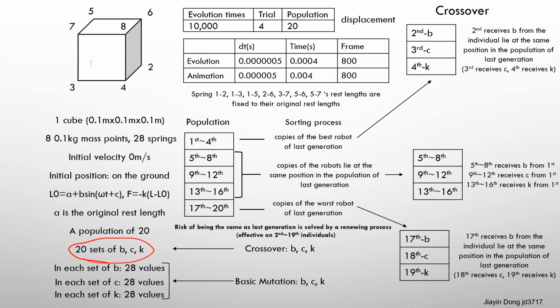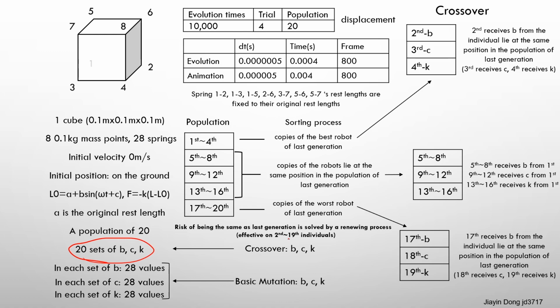As you can see, the sorting process uses copies, so there is a risk of being the same as the last generation. This problem is solved by the renewing process.